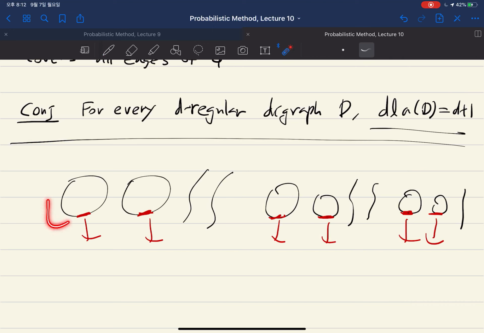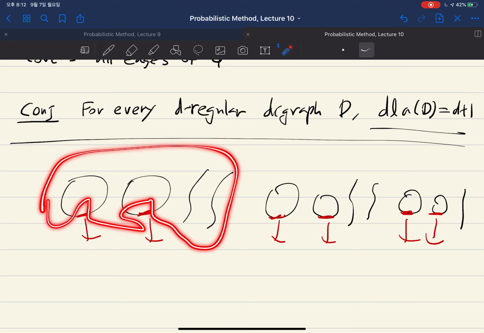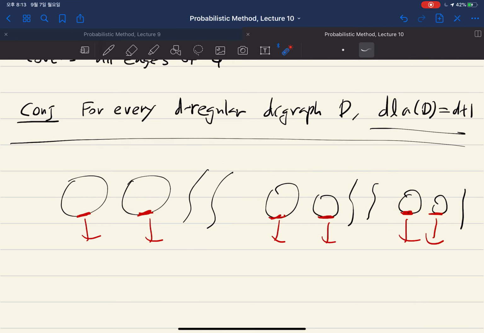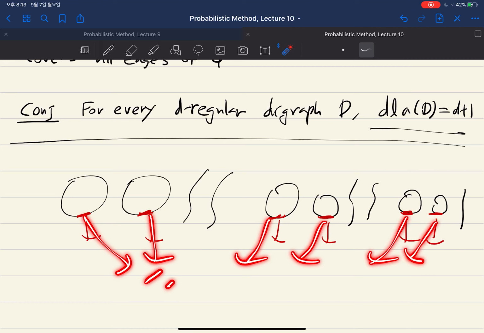Then the remaining thing becomes all linear forest. But while doing that, we also have to cover these edges. So we collect this together and then hope that this forms again a linear forest.